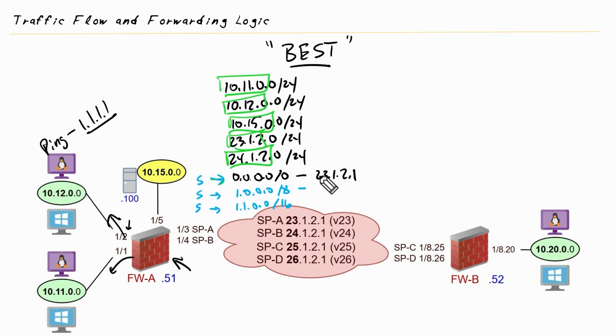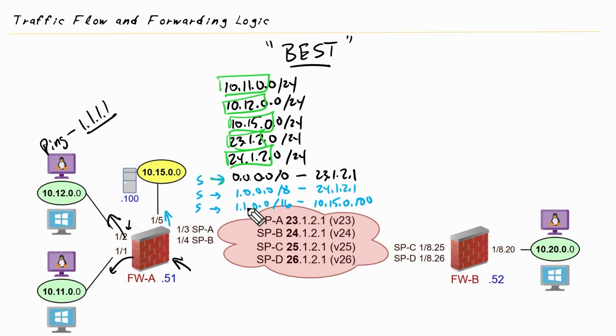Let's say the next hop for the 1.0.0.0/8 is 24.1.2.1, and for the static route for 1.1.0.0 with the 16-bit match, the first two octets effectively, the next hop is going to be, let's say, this server, which wouldn't be a real good decision, but just for demonstration purposes, let's say 10.15.0.100 is the next hop, which would imply sending out this interface in that direction, which, by the way, wouldn't work for getting to Cloudflare, but this is just an example.